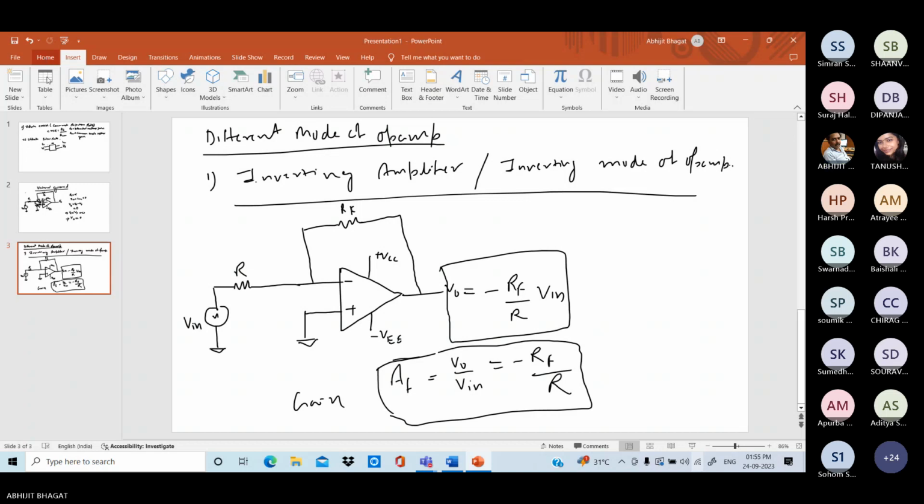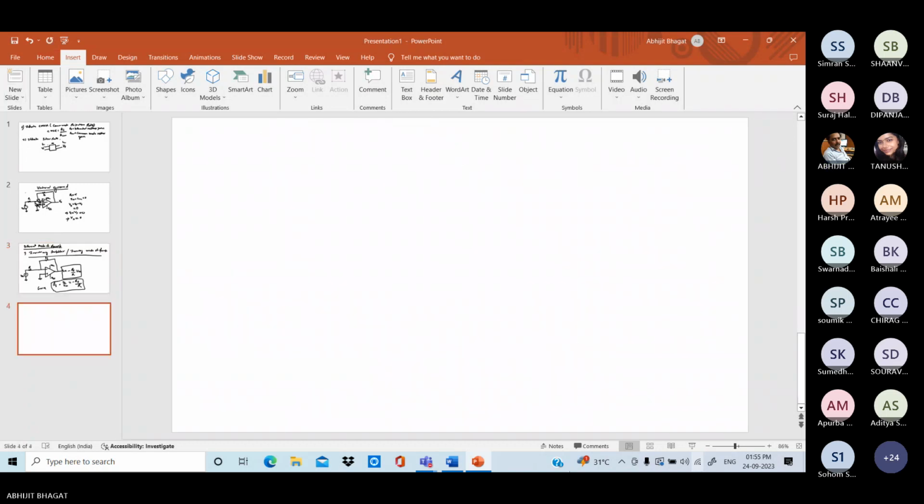Next is number 2, non-inverting mode of operation or non-inverting amplifier.